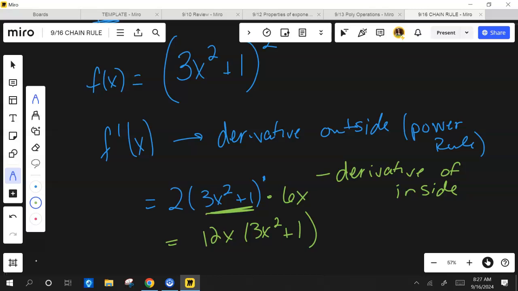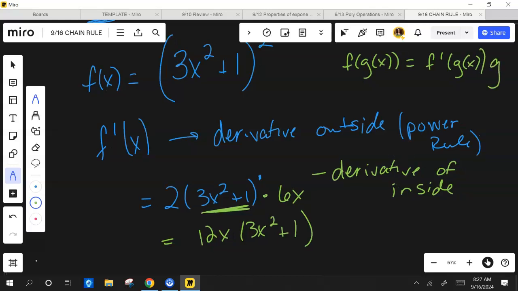So you do power rule on the outside, or you take the derivative of the furthest outside, and you leave the inside alone. So really what you're doing, if you've got f of g of x, is you're doing f prime, and you're leaving g of x in for x, and then you're multiplying by the derivative of the inside. Does that make sense?